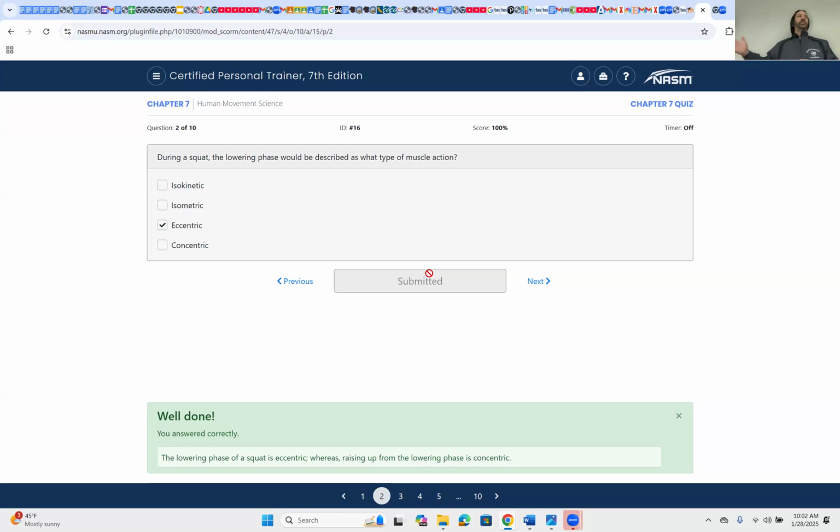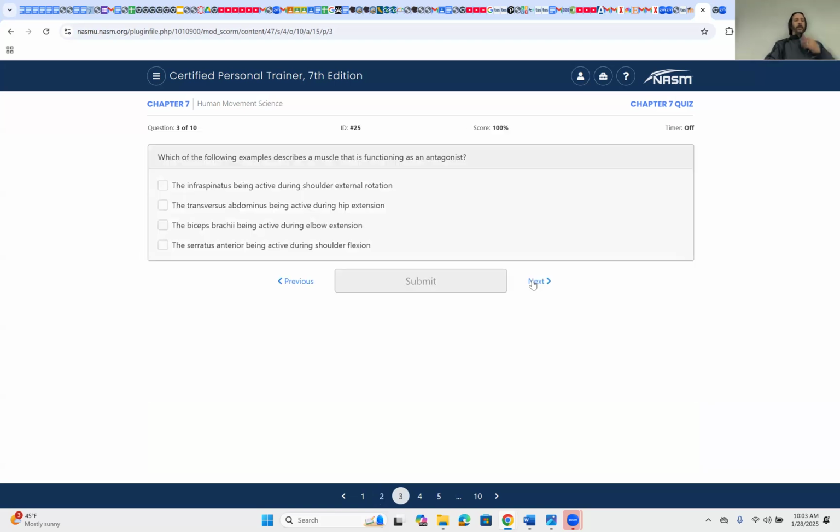I want to make sure I'm clear: concentric and eccentric are still both contractions. They're just different types. Concentric is a shortening, so it's not shortening here. We're going into a lowering phase. We're in an eccentric contraction because of the lengthening of most of the muscles, especially the quadriceps. Eccentric, good stuff.